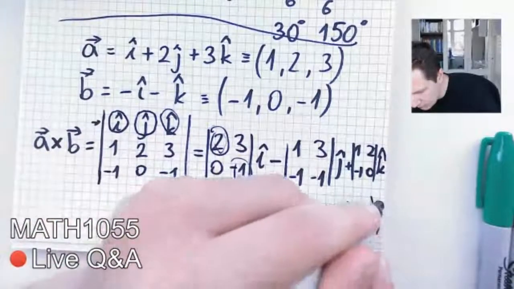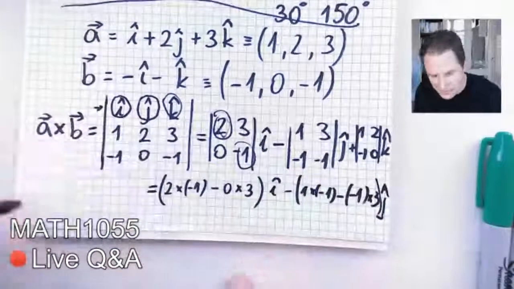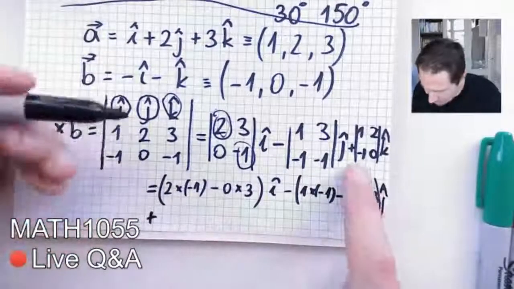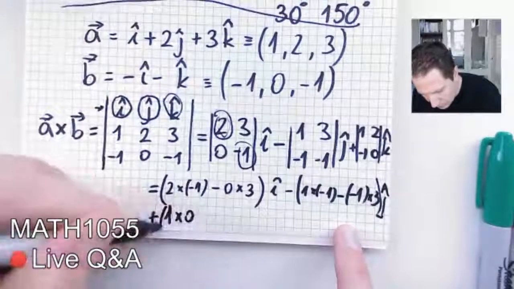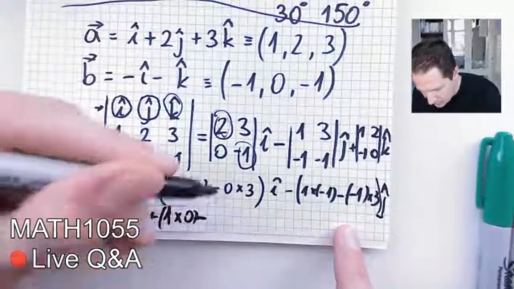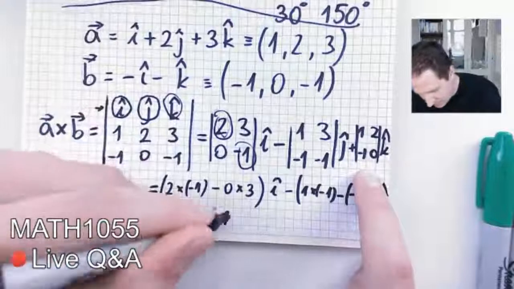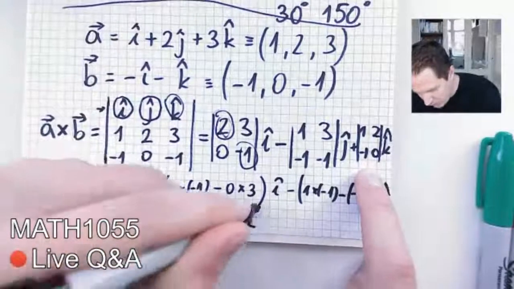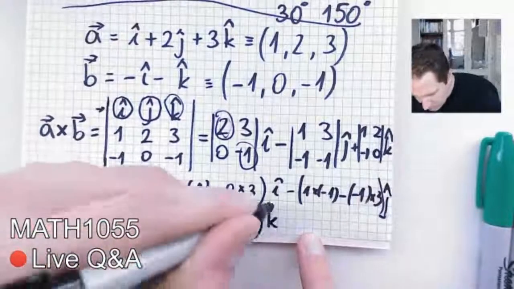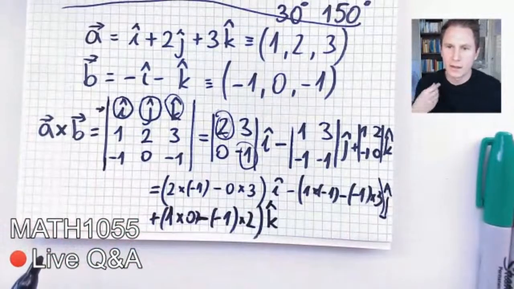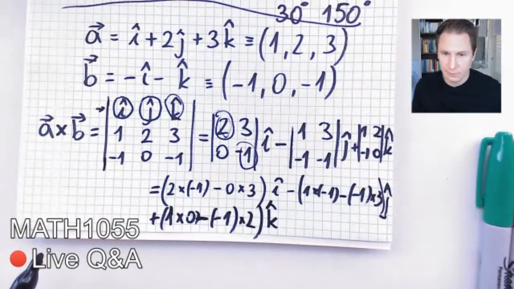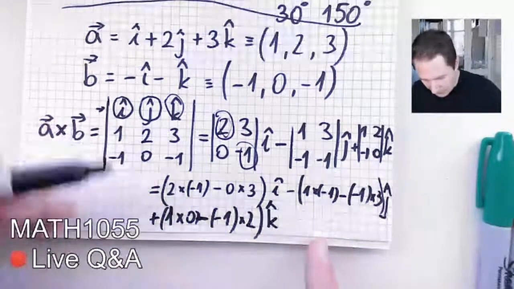That will be the coefficient of j hat. And last but not least, we'll have 1 times 0 minus -1 times 2. It looks a bit complicated, but once you have practiced this with a couple of specific examples, you will get the hang of it.